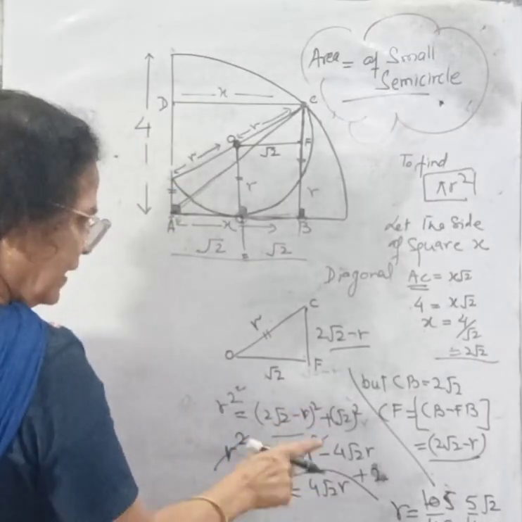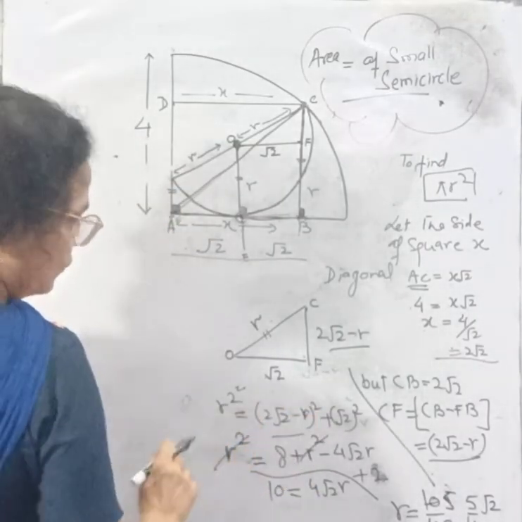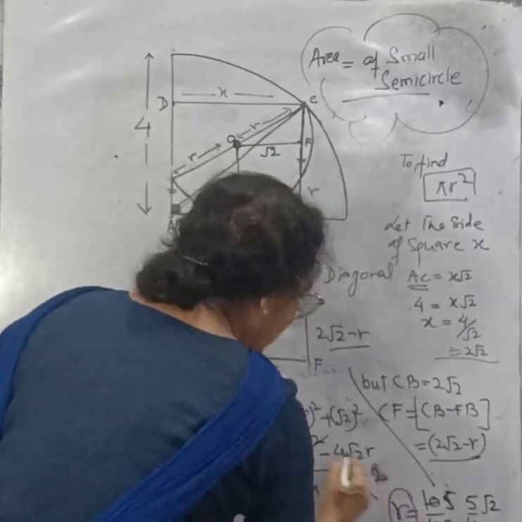Multiplying by root 2, that is 5 root 2 by 4. This will be the value of r.